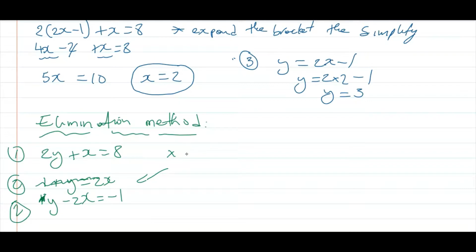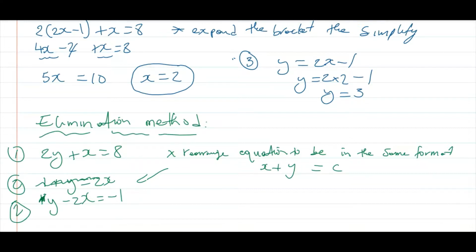What we first need to do is rearrange the equations to be in the same format. The format you want is x plus y equals c. It doesn't matter which one comes first, the y or the x. We've done that already. We rearranged equation 2.